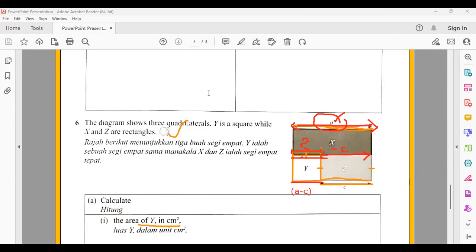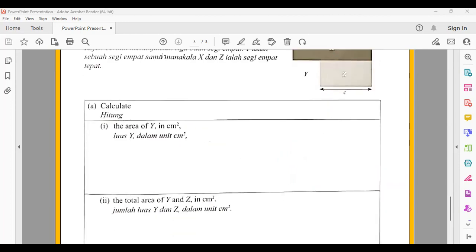Very good, Fatin. So now we go down to our question. We write area equals A minus C squared. So open the bracket again, A minus C, and solve it.